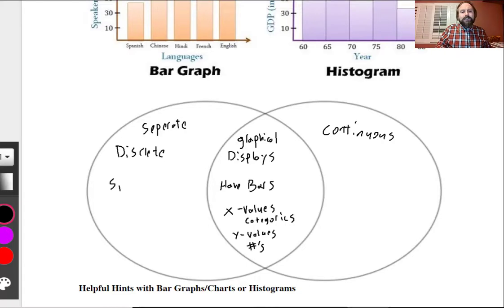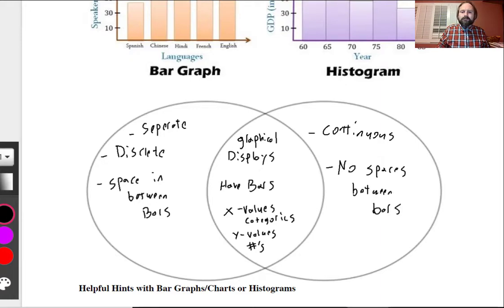There's space in between the bars for bar graphs. No spaces between the bars for histograms. So that's a little bit of information about our differences and similarities of bar graphs and histograms.